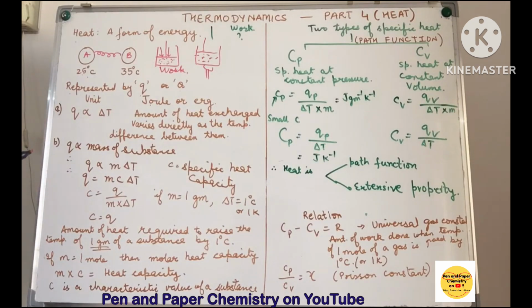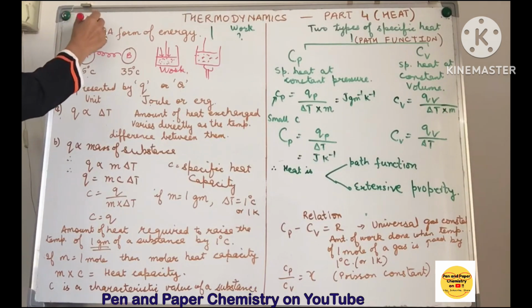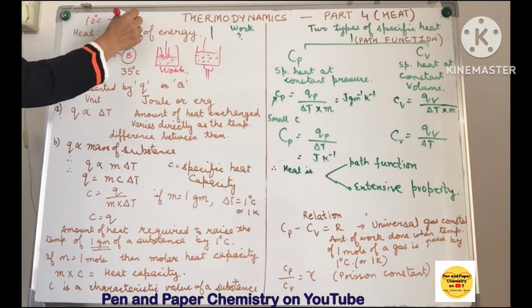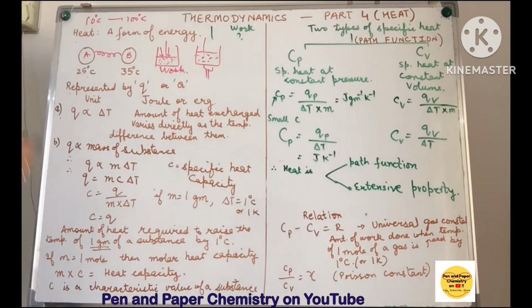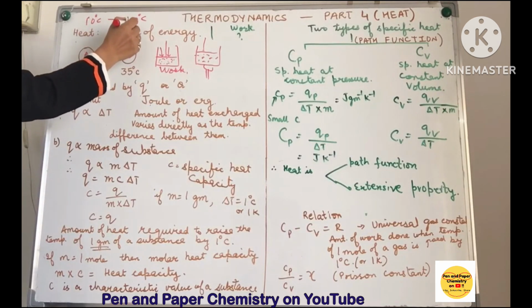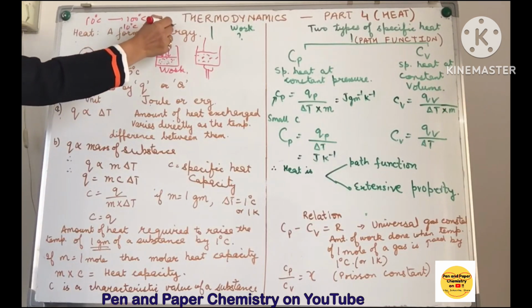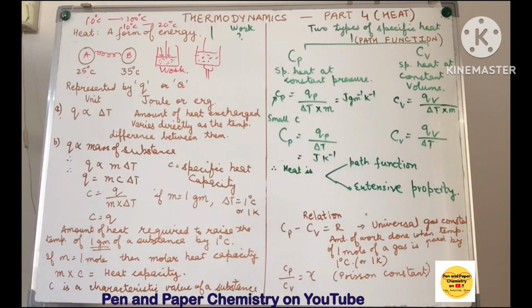As I said earlier, we shall be building on the concepts that you already know. Now in physics you would have read that heat is directly proportional to the difference in temperature. Very simple. You have to heat water from 10 degrees Celsius to 100 degrees Celsius, or you have to heat water from 10 degrees Celsius to 20 degrees Celsius, considering that the mass of water remains the same. In which case will you have to apply more heat?